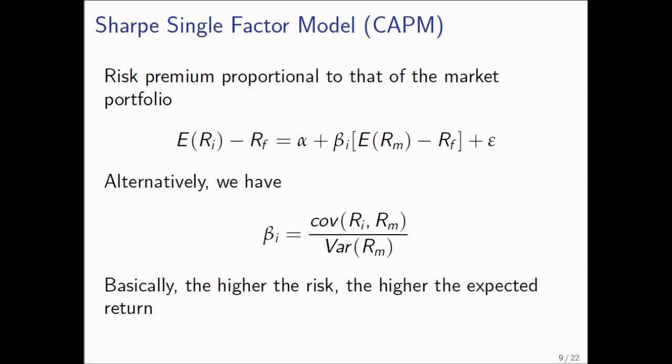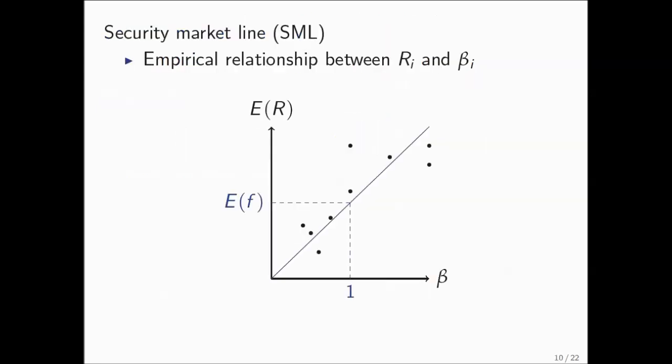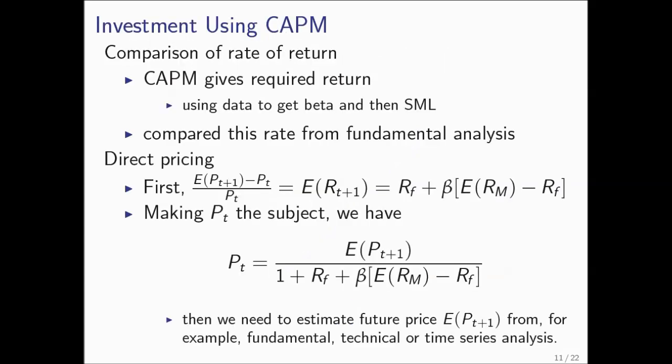Basically CAPM says if you take higher risk, you will have a higher expected return. Empirically, what we call the security market line: we plot all the betas against all the stock returns over time, and then you will see a good linear line. So it means CAPM is a nice explanation of stock variation by the betas.